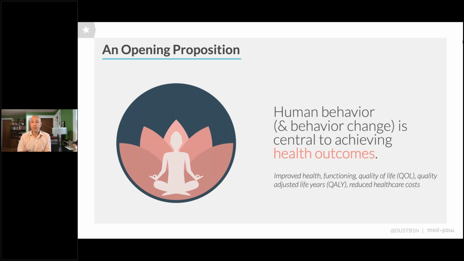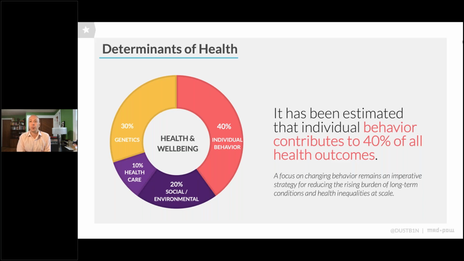There are behaviors that impact all of those different outcomes, right? Whether or not we trend towards the positive side of those health outcomes or the negative side as well.